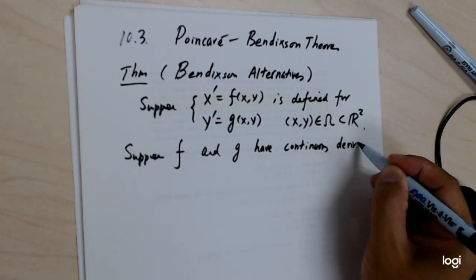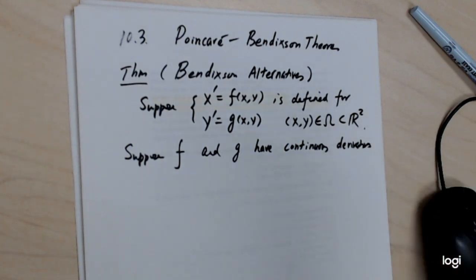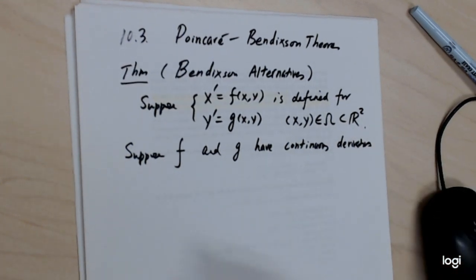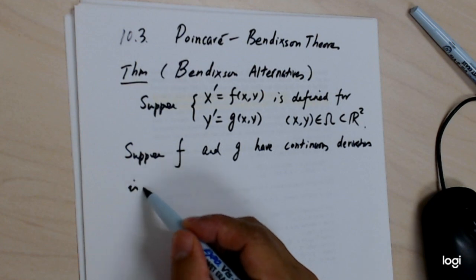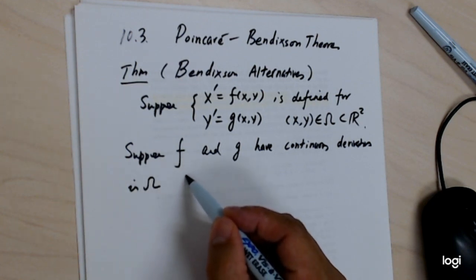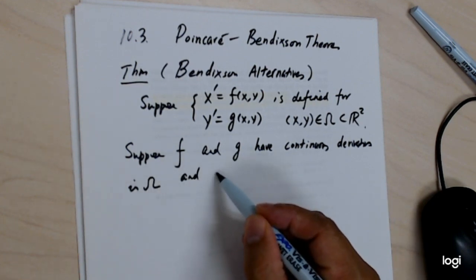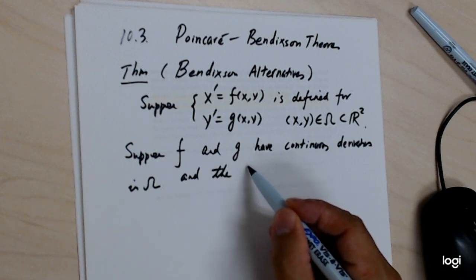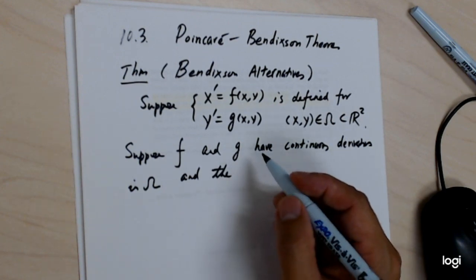So I need all the partial derivatives to be continuous in omega. And we further assume that the system has finitely many equilibrium points.